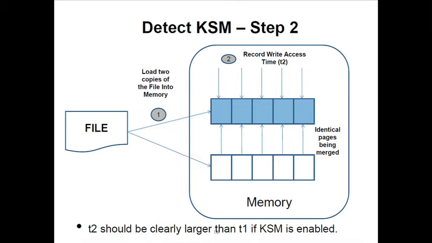So they should be merged because they are identical. Then we record the write access time to each of the pages, and we use T2 to denote it. As I said, a write operation to a shared page incurs more access time than a write operation to a normal page. Therefore, if KSM is enabled, T2 should be clearly larger than T1.